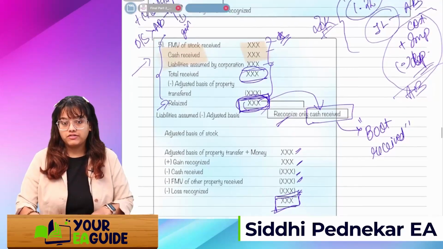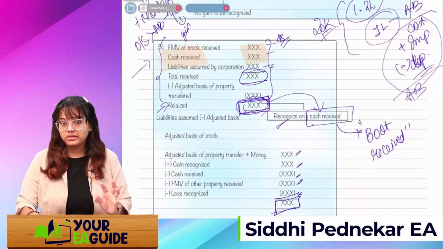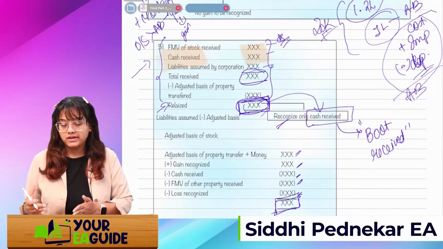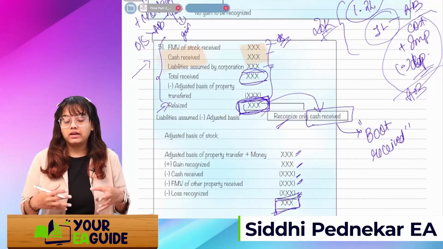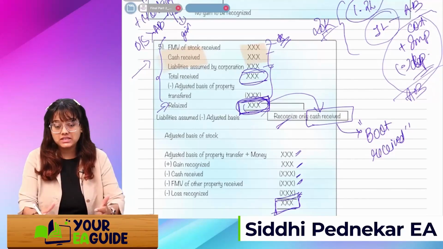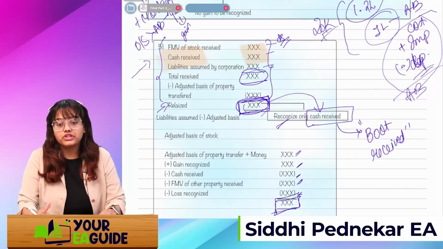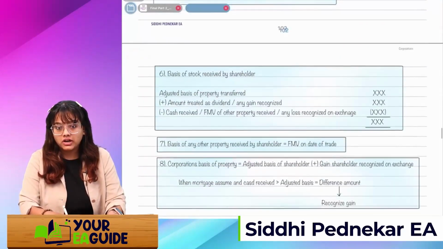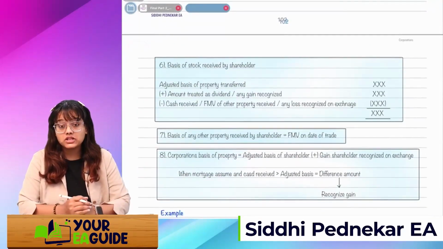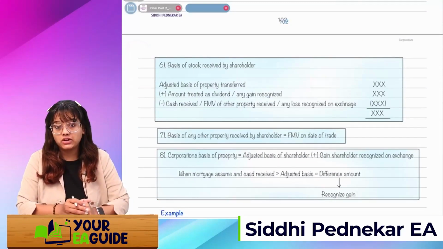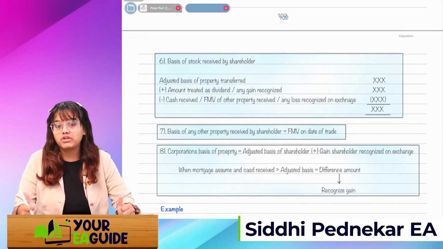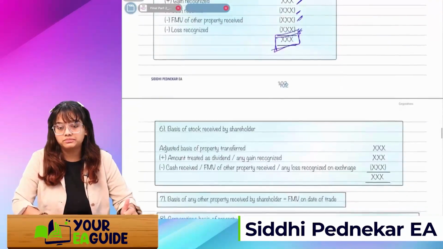Got it? First thing we calculated: what will be the realized gain, and out of that, how much I am going to recognize. Second, we calculated my adjusted basis in the corporation stock. Third, the basis of stock received by the shareholder: the adjusted basis of property transferred, that we did over here.